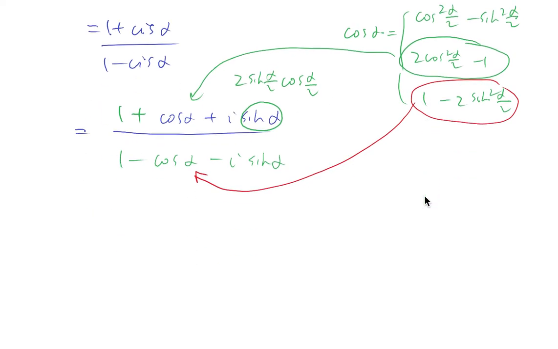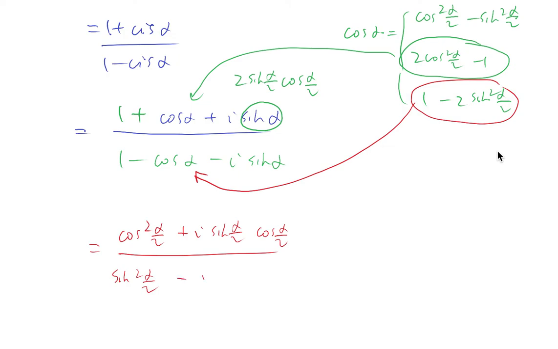After we simplify, all the 2's get cancelled out because every term has a 2. I'll skip one step. So we have cos squared alpha over 2 plus I sine alpha over 2 cos alpha over 2, over sine squared alpha over 2 minus I sine alpha over 2 cos alpha over 2.